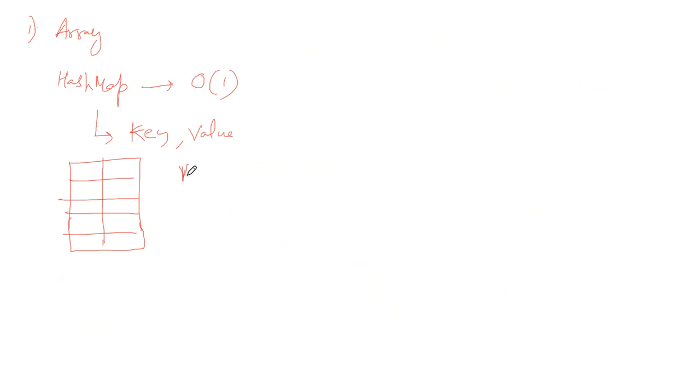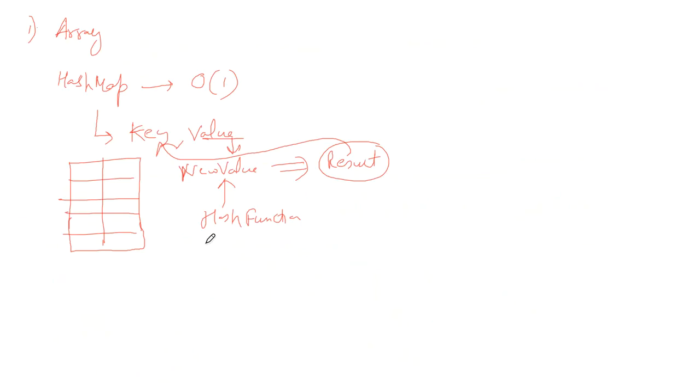If any new value needs to be inserted, we apply the hash function on top of that. We get some result, and this result will be the key of the new entry, and its value will be this new value.